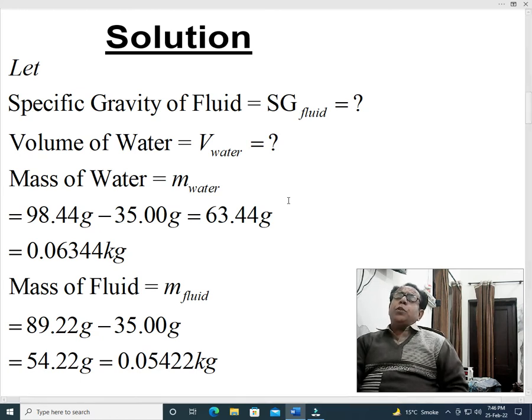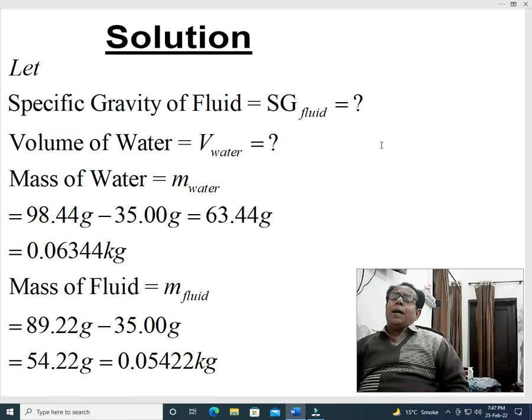Now we come towards the mass of fluid. Mass of fluid, m fluid, where fluid is written as a subscript of m, is equal to 89.22 gram minus 35.00 gram. Because 35 gram is the mass of the bottle, while 89.22 gram is the gross mass.